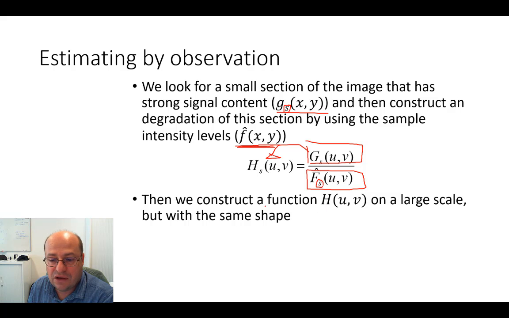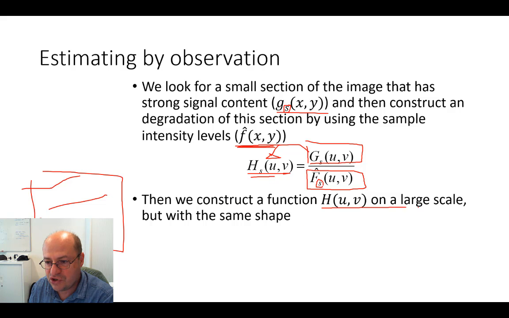Once you have this built from a small section of your image, you can generalize it for the whole image, creating a degradation operator on a large scale, but having the same mathematical shape.